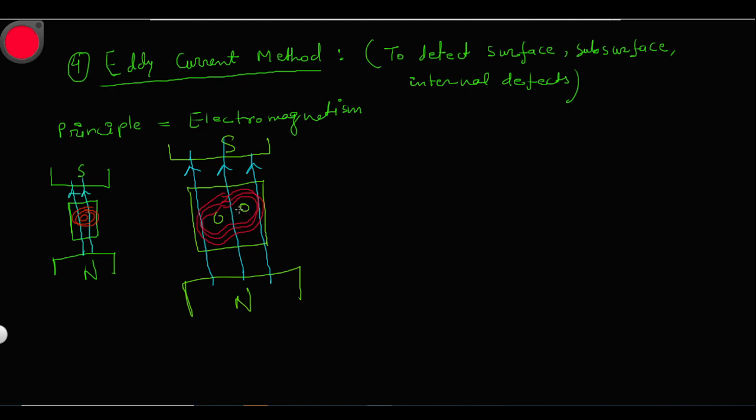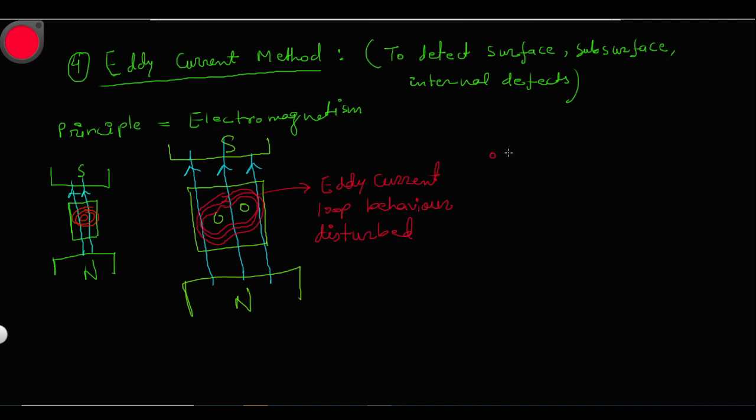So the eddy current loop behavior is disturbed due to the defect. Okay, so the specimen must be a good conductor.